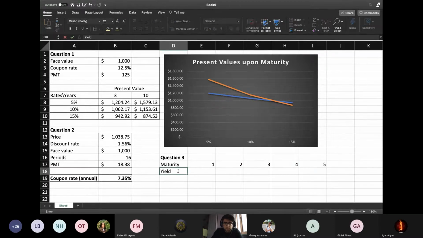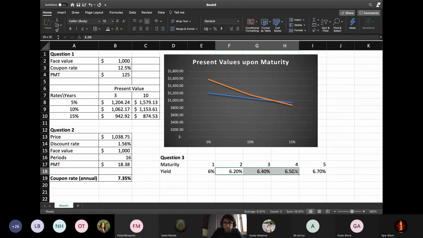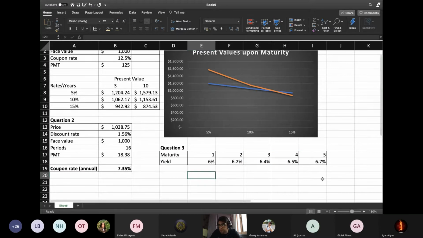We have yield 6%, 6.2%, 6.4%, 6.5%, and 6.7%. We have yields and we have maturities.